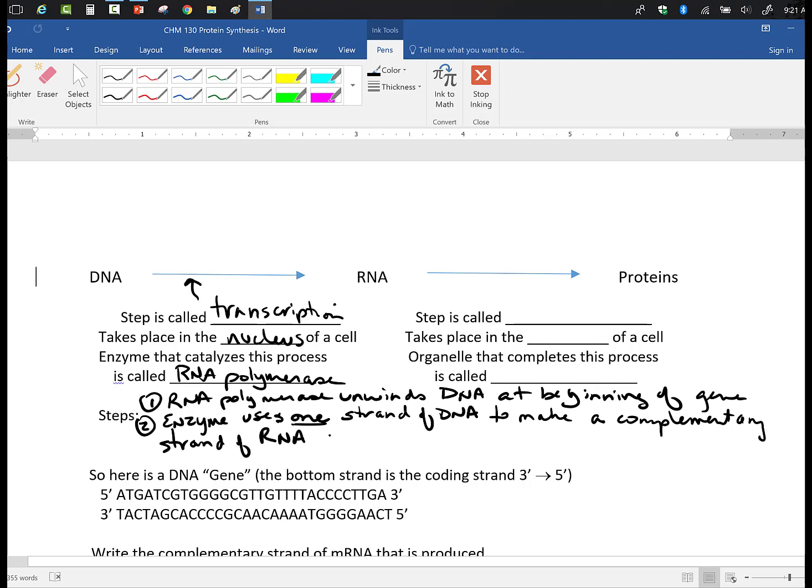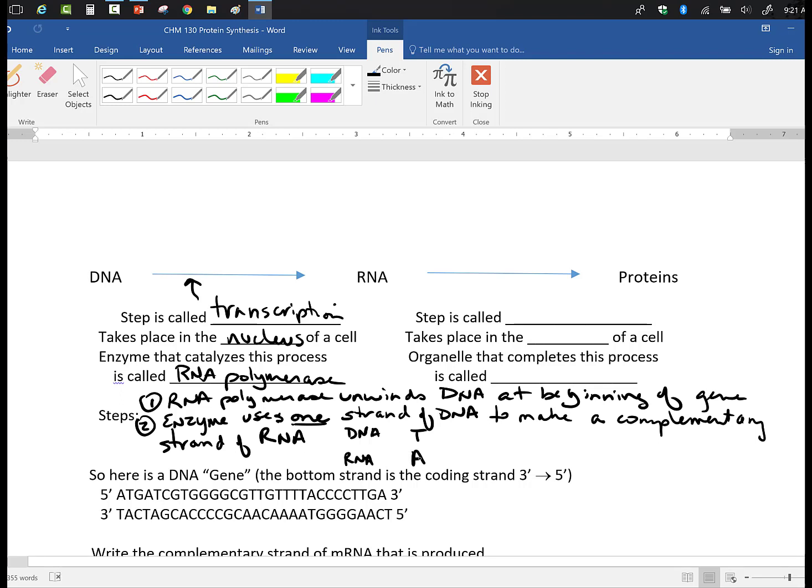So if the DNA has a T, the RNA polymerase will match what complementary base? An A. Because A and T can hydrogen bond. The shape of the two molecules, those bases, remember in the double-stranded helix, you can have the hydrogen bonding.